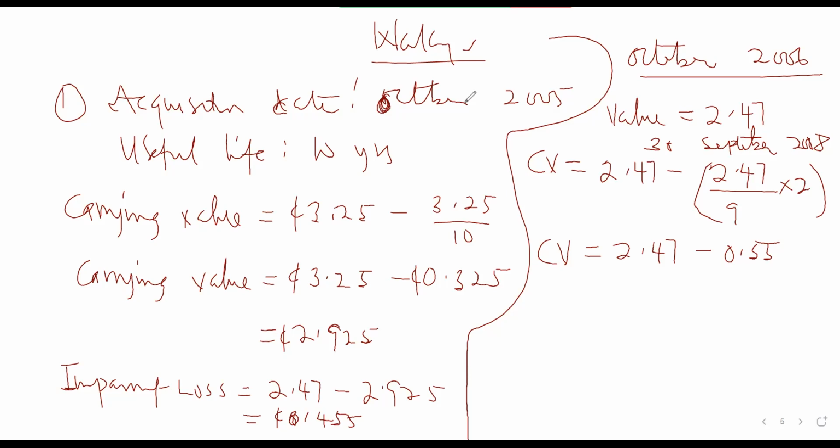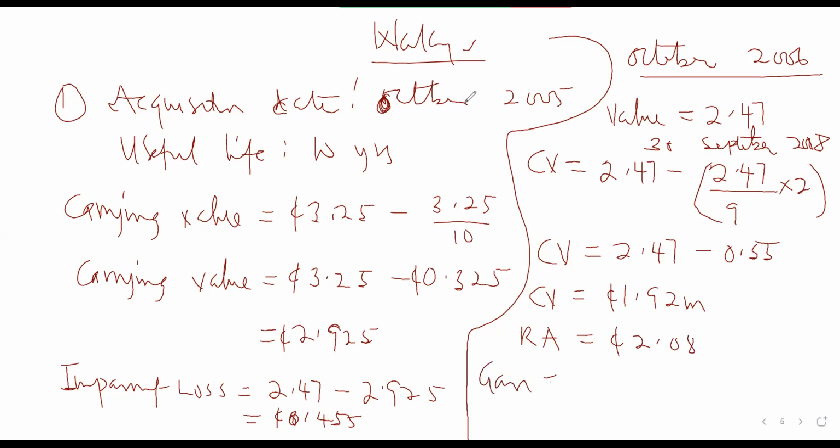So what will be the carrying value now? 1.92 million. Okay, what is the recoverable amount at that date? 2.08. So the recoverable amount is 2.08. What is the increase?